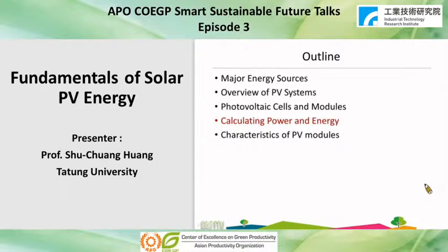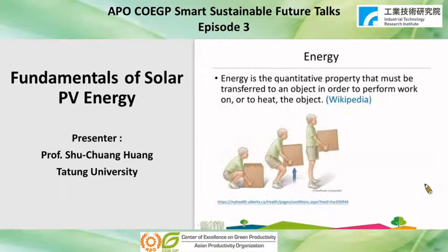In this section, we'll discuss the relationship between power and energy and how to calculate that. Energy is the quantity property that must be transferred to an object in order to perform work or to heat the object.